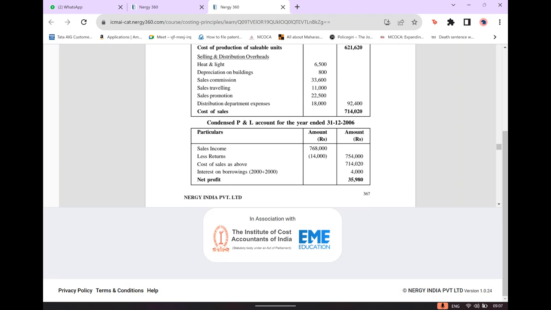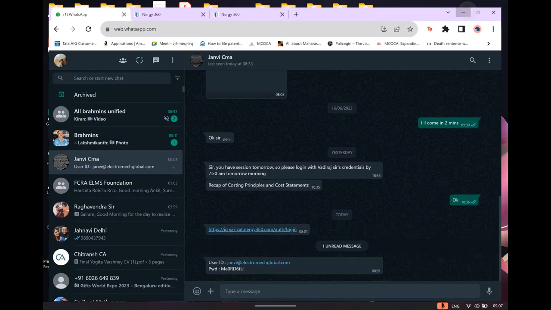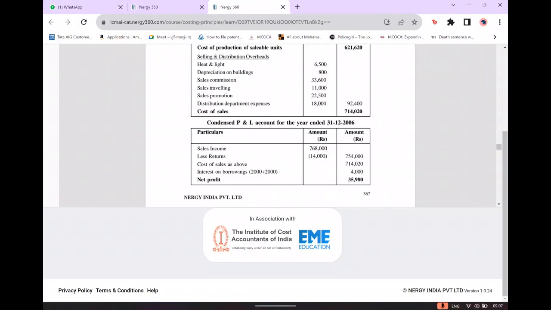Apart from the cost, you are supposed to take the interest cost, because interest on the borrowings is not a part of your cost. It is a pure financial item. That is the reason why it will not be included in your cost sheet.